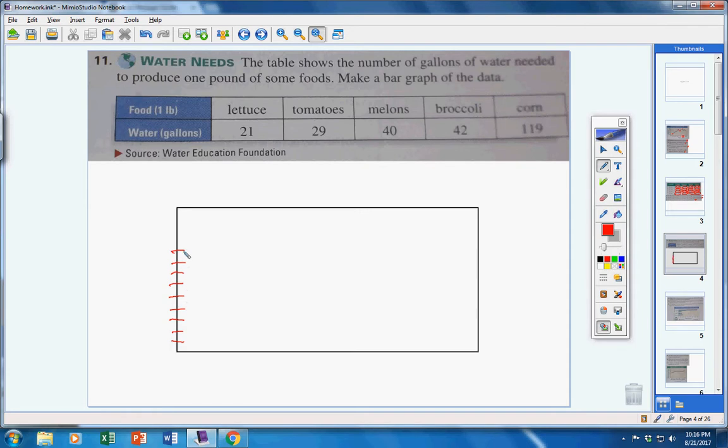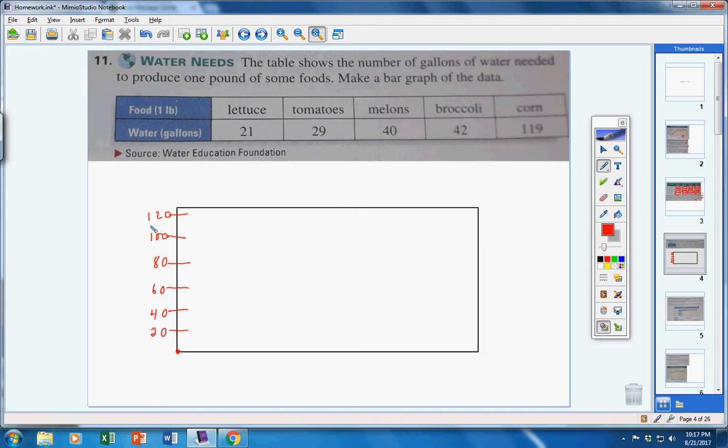I would have to draw 119 tick marks. It's a little crazy. We're going from 20 to basically 30 to 40, 42. I think we can go in increments of 20 and be just fine. So we're going to start at 0, and then 20, 40, 60, 80, 100, and 120.